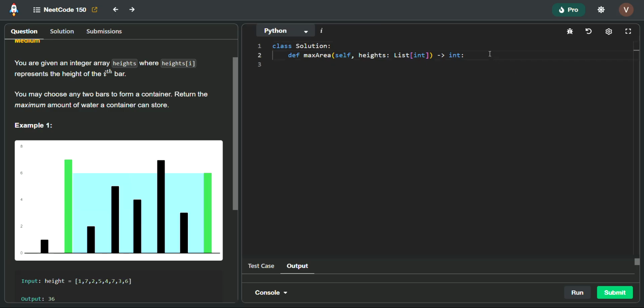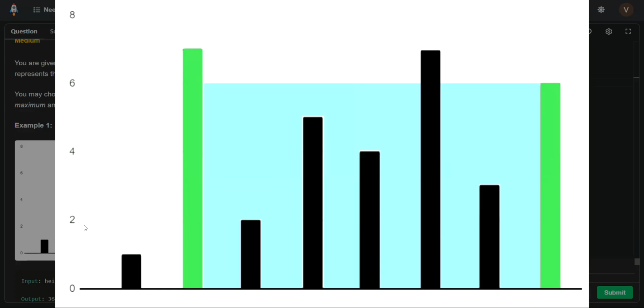So how do we do it? We have our left pointer and our right pointer. Left is at 0, and right is at heights minus 1. Heights is just the name of our array, by the way. And then we have water, which starts at 0, which will help us calculate the max amount of water we have got. Because in some cases, let's say we calculate the water from here to here, and it's something like 26, an arbitrary number.